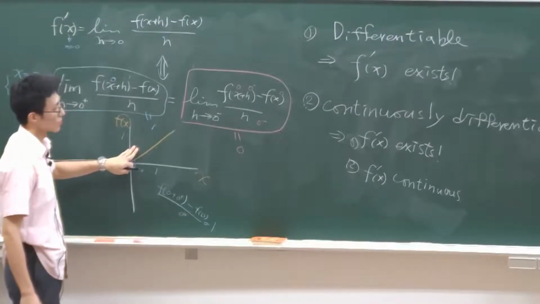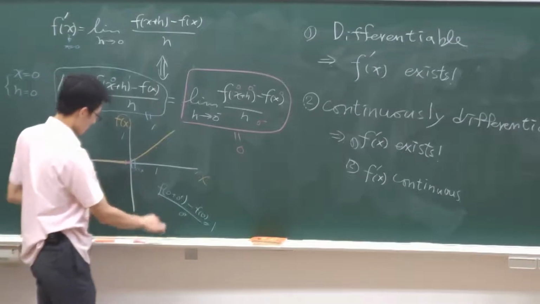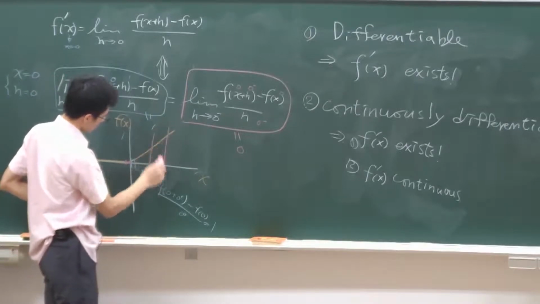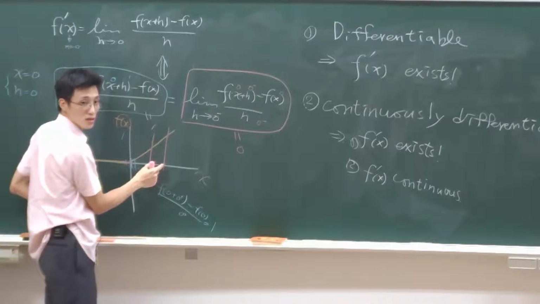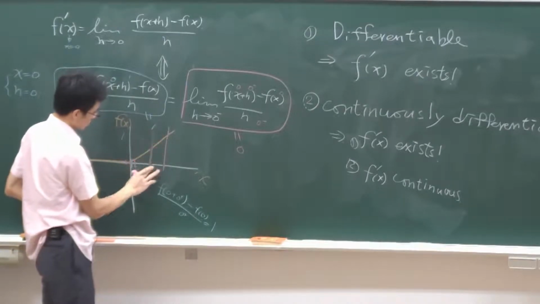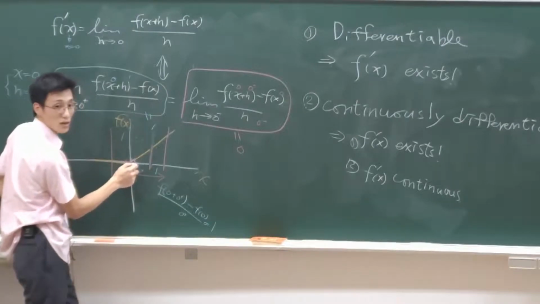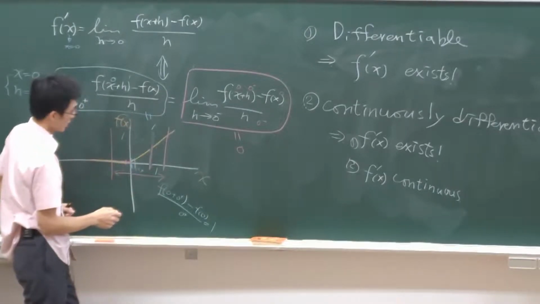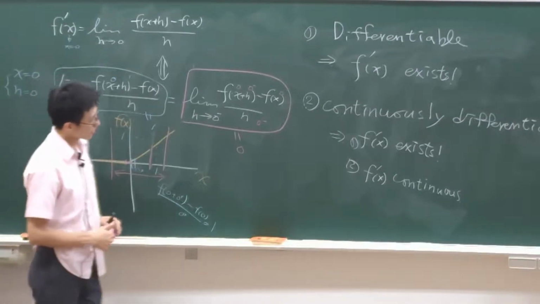It's not differentiable, right? Because if I say from here to here, it's differentiable in this region, yes, right? But it's not differentiable in this region because of the point here, right? Okay.